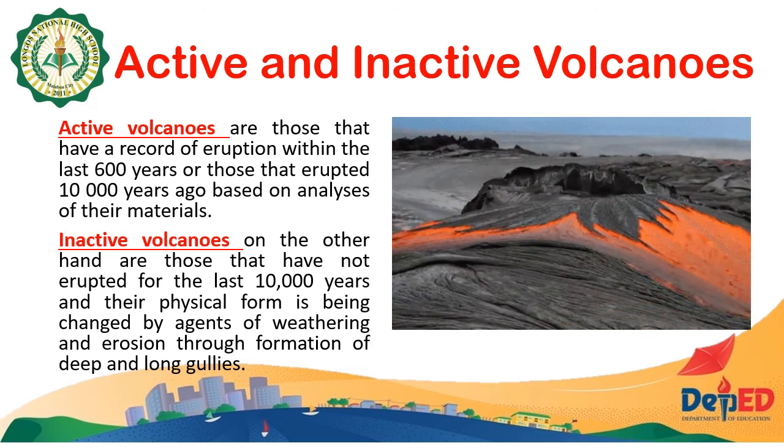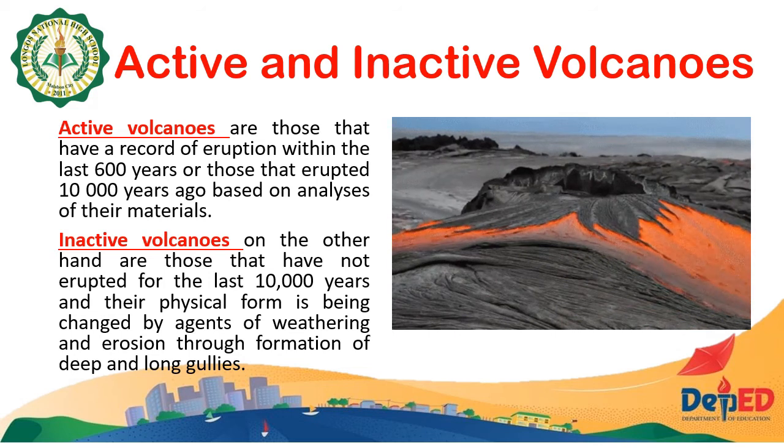Inactive volcanoes, on the other hand, are those that have not erupted for the last 10,000 years, and their physical form is being changed by agents of weathering and erosion through the formation of deep and long gullies. However, these volcanoes have the potential to erupt. They are also referred to as dormant or potentially active. A volcano that has no magma supply or record of eruption is known as extinct.